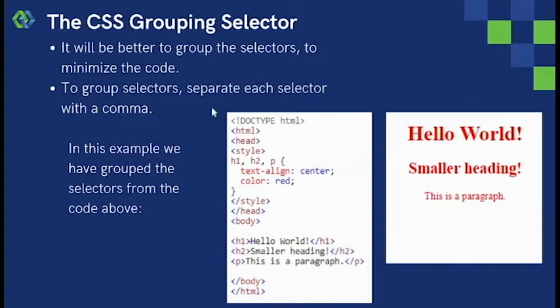To group the selectors, separate each selector with a comma. So in this example, we have grouped the selectors from the code above. You can use one or more selectors, so H1, H2 and P can be combined. You can have this syntax, H1 comma, then another element. Okay, it is the same.